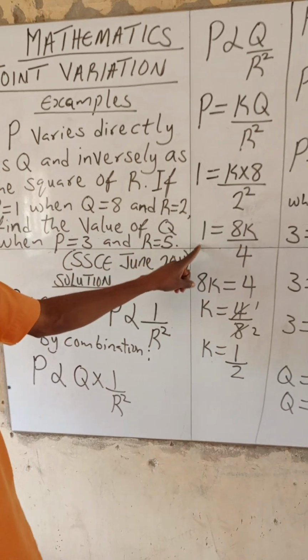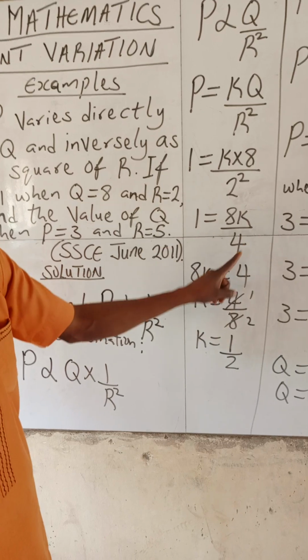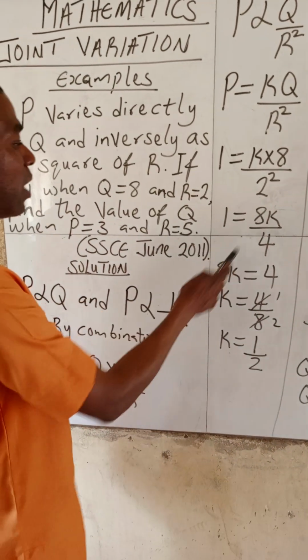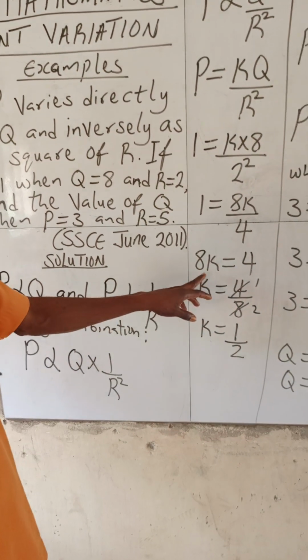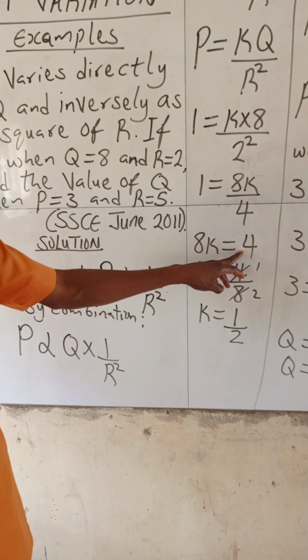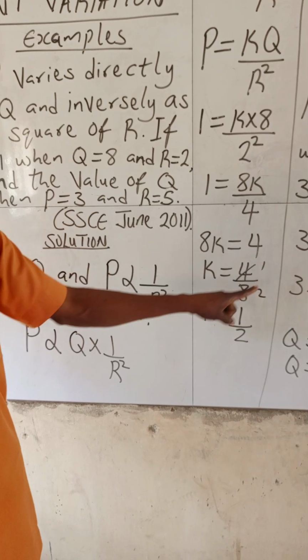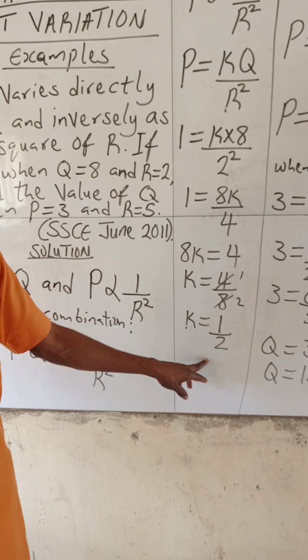We now have 1 equals 8K over 2 squared, which is 4. So if you cross multiply, we have 8K equals 1 times 4, which gives us 4. Therefore K equals 4 divided by 8. If you reduce it, 4 here is 1, 4 here is 2. So K equals 1 over 2.